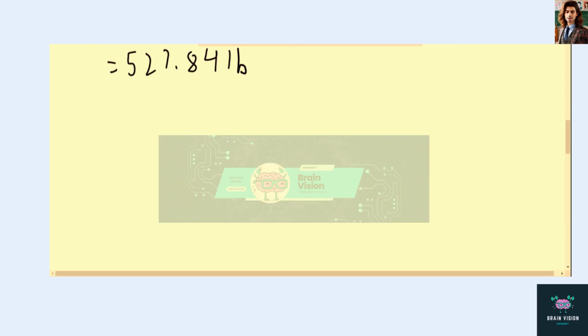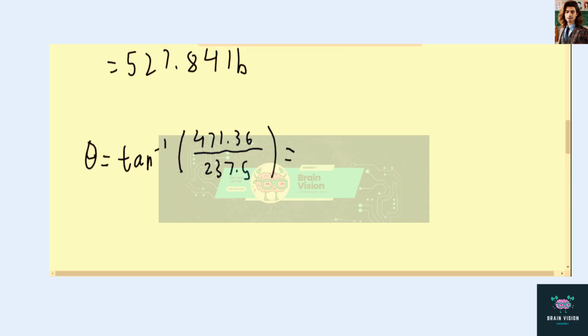And we can solve for the direction of this force by saying that the angle theta is equal to the tangent inverse of the y component divided by the x component, and this will give us an angle of 63.3 degrees.